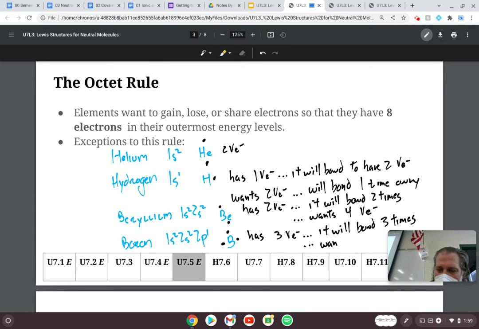It wants 6 valence electrons only. So those are the really major exceptions to every atom wanting 8 valence electrons. And you're probably just going to have to know that.